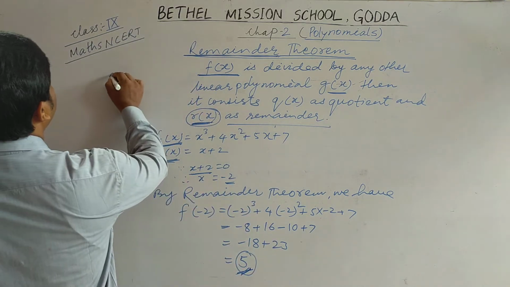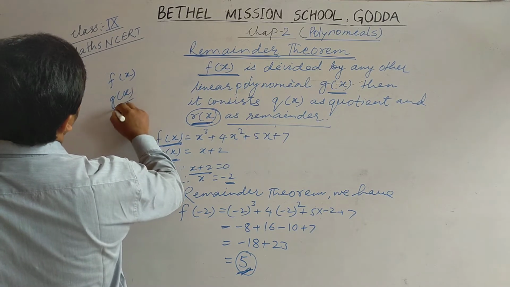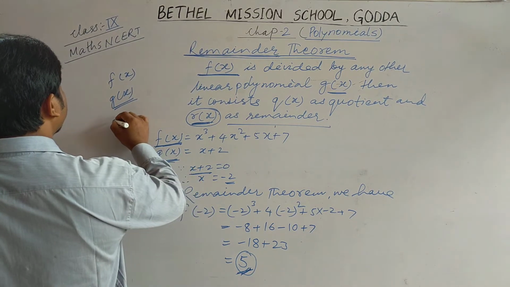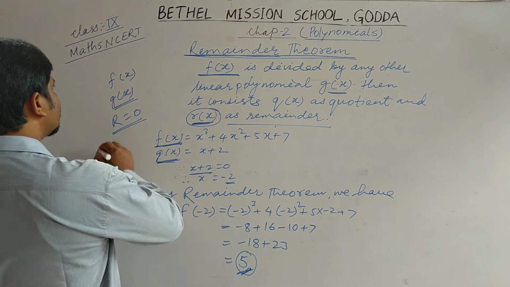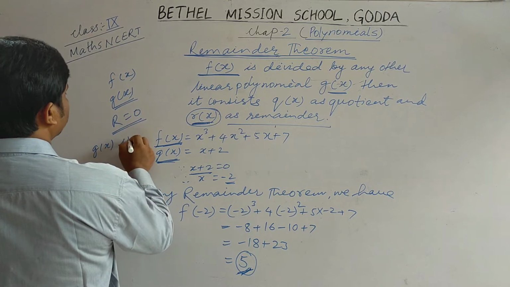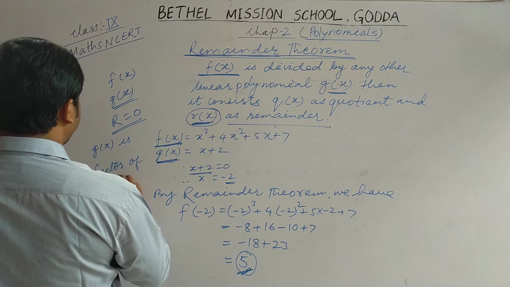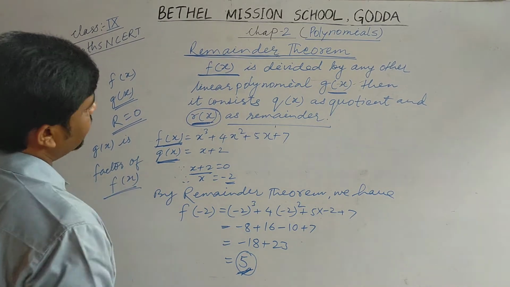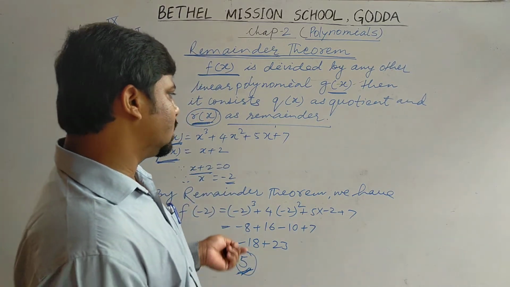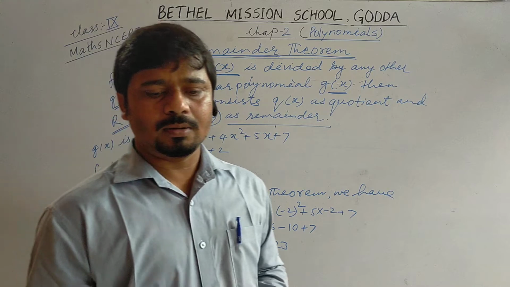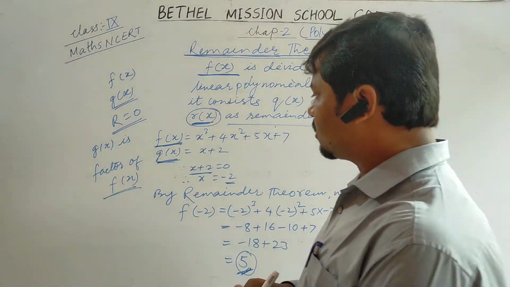It means when we divide this f(x) by another polynomial g(x), the remainder we get is 0, so g(x) is a factor of f(x). That's why that property is called the factor theorem. So see, the process is the same.